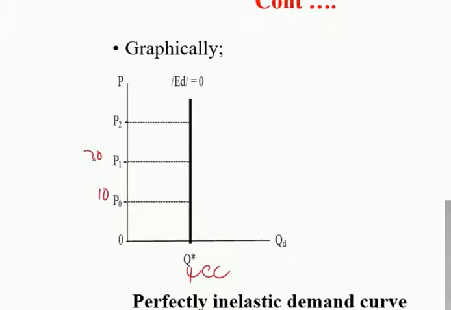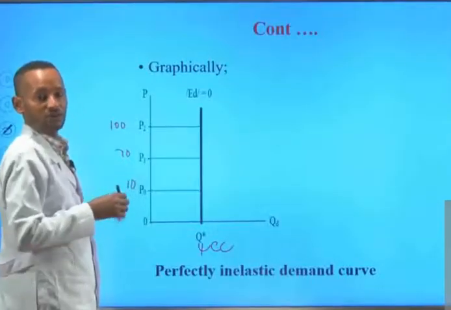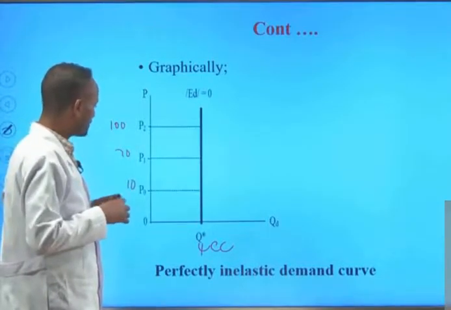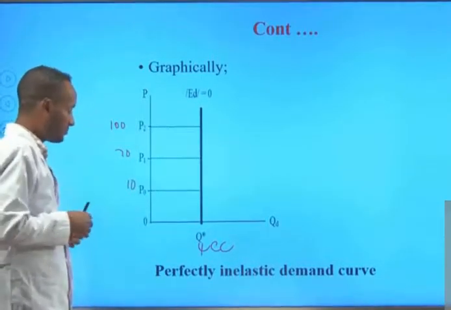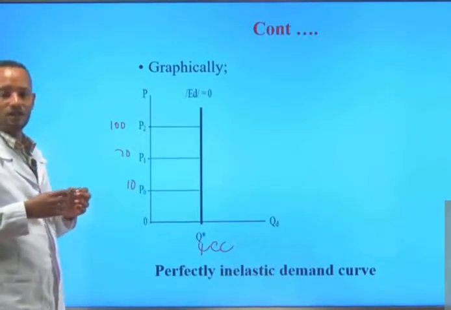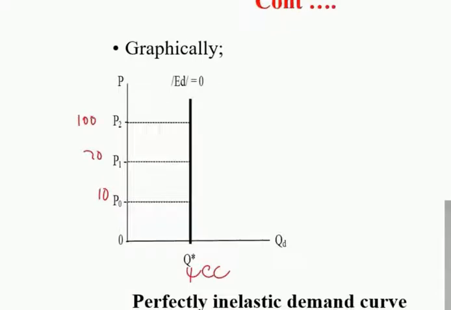If it also increases to $100, then this patient will buy it because it is very essential for survival. If he could not afford it, he will die. So the demand for such essential products which are essential for survival is perfectly inelastic.